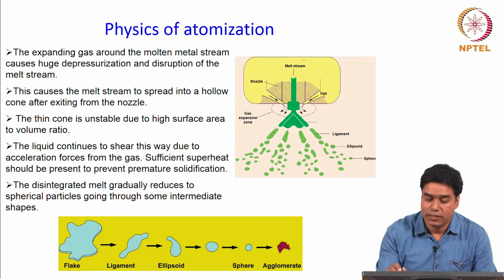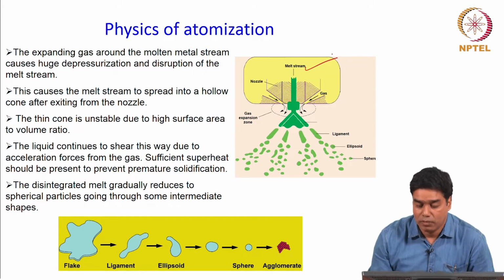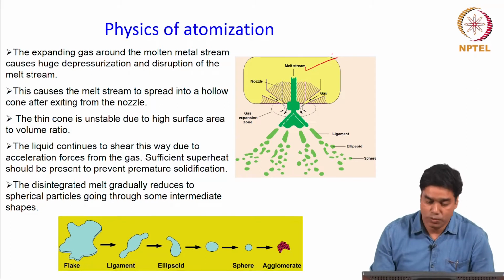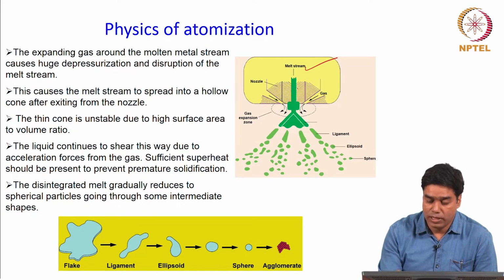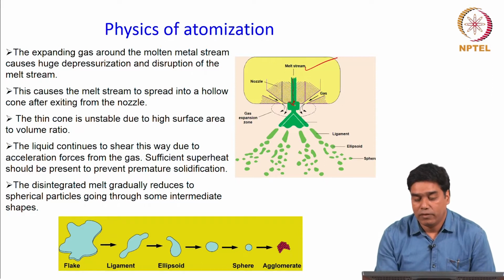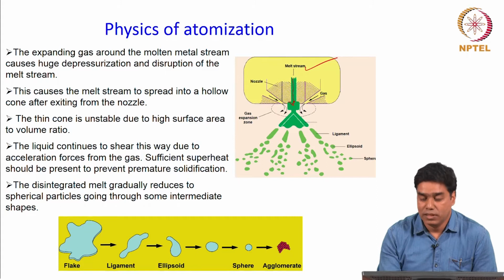You have this chamber in which you have the molten stream coming through, and this molten stream of metal is sent through an opening like this, okay, through a nozzle, and where the nozzle exit is, at that location you have this high velocity gas jet coming in.